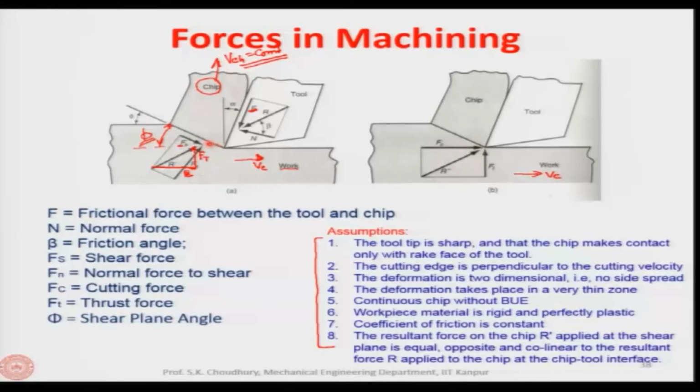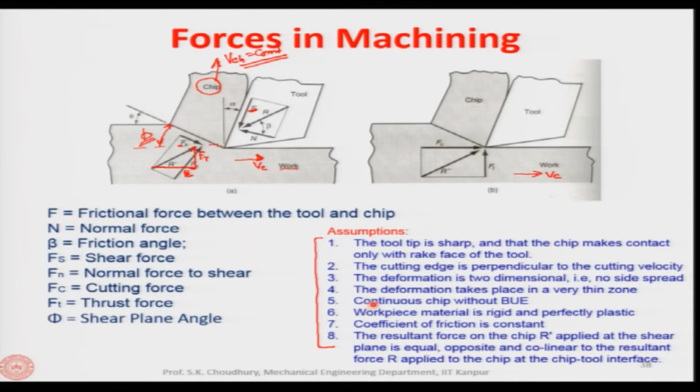So, they have assumed that this deformation is taking place in a very thin zone. We will discuss at a later stage that as the cutting speed increases, the deformation zone becomes thinner and thinner, and it can be assumed at a very high speed that this is a plane, the plastic deformation occurring in a plane. So, here they are assuming that this is the plane and not the zone.